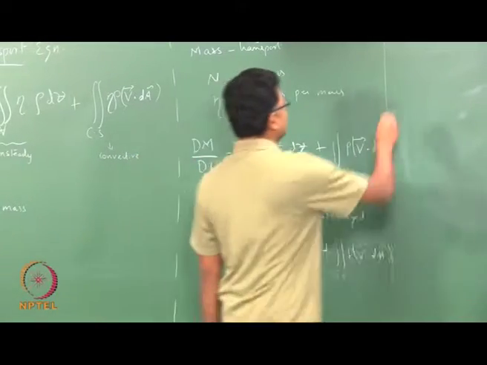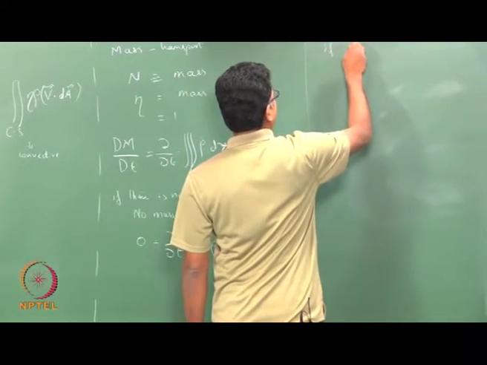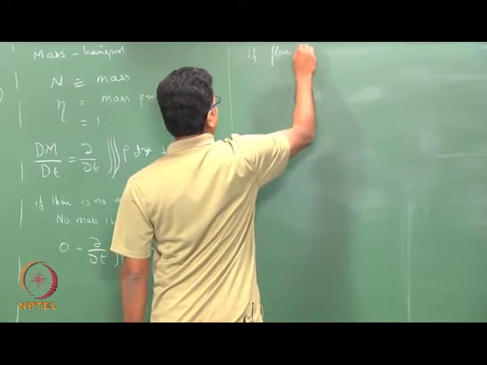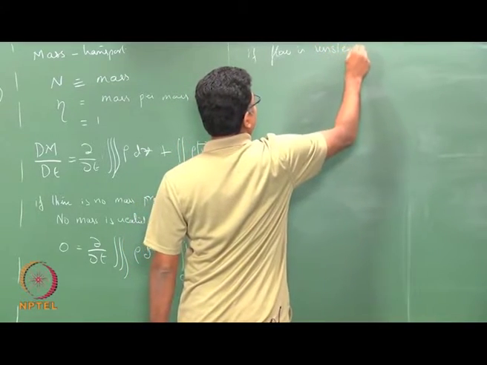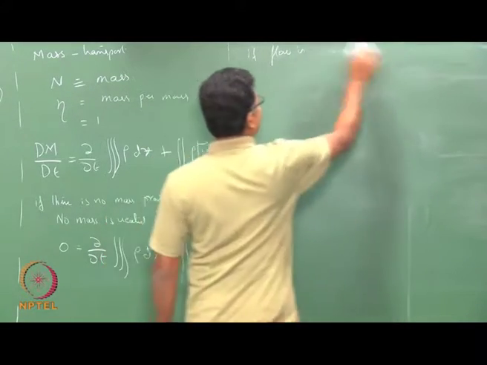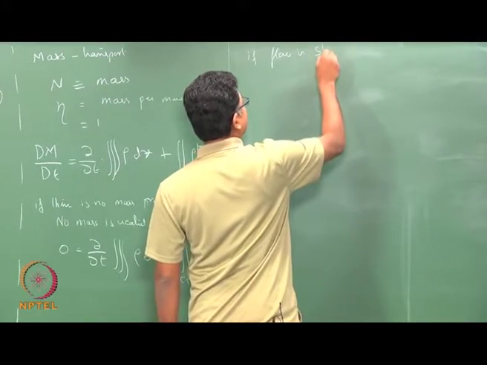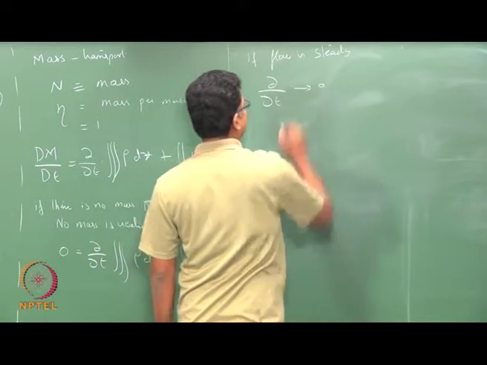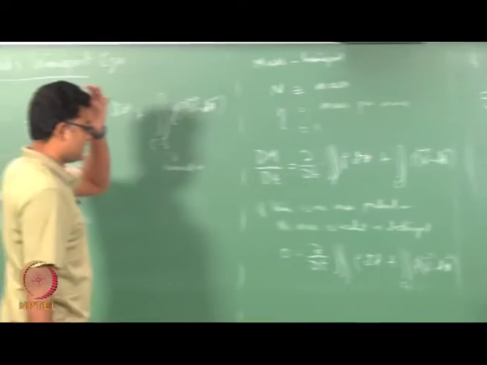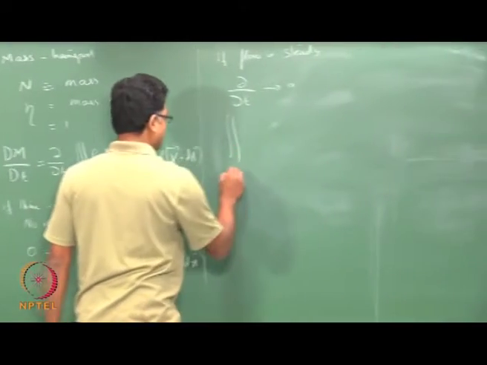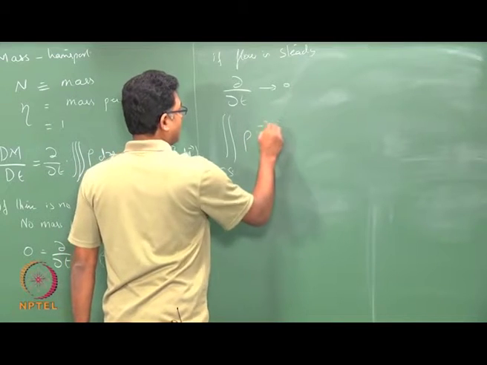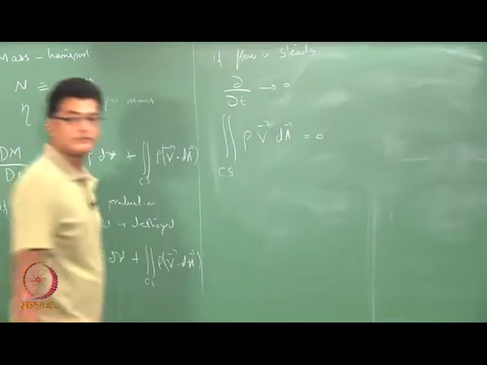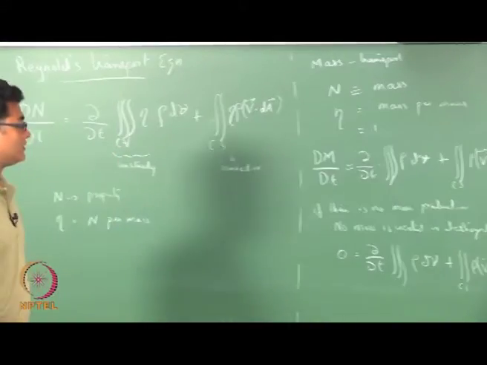If the process is steady, then your time derivative is 0, which means that the surface integral of rho V dot dA is 0. So, what do I mean by that?